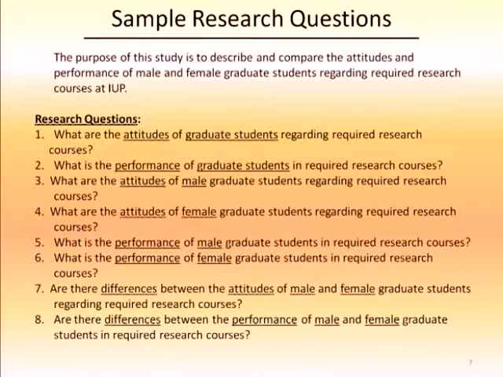Question 5 asks about the performance data for males, and question 6, the performance data for females. Finally, in questions 7 and 8, we're actually going to compare the attitude data between males and females in question 7, and we're going to compare the performance data between males and females in question 8.